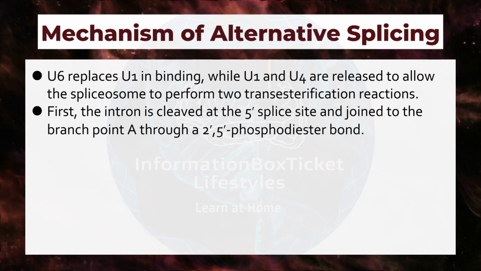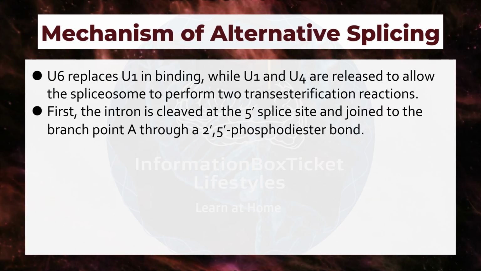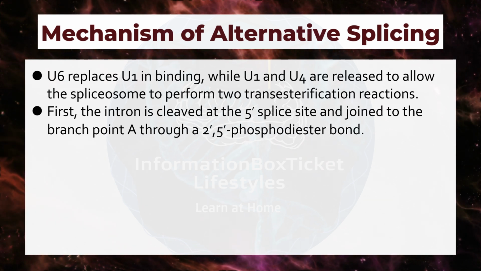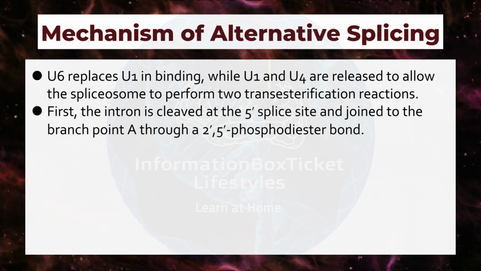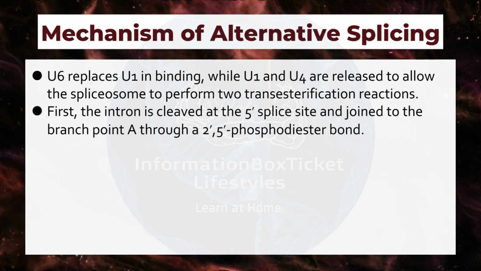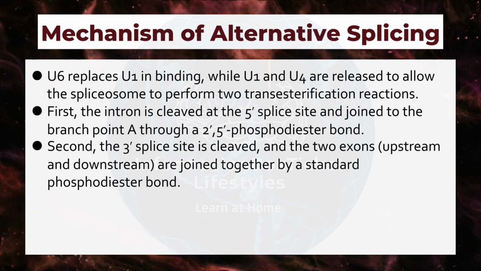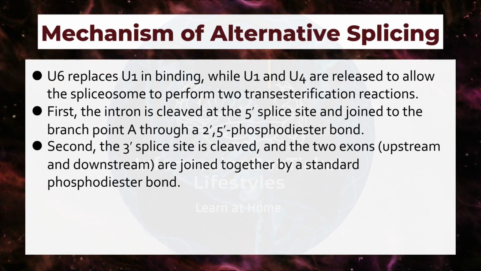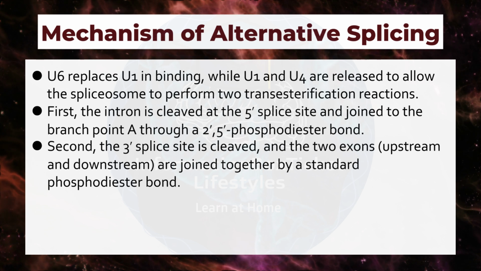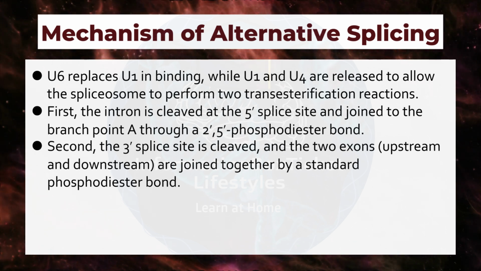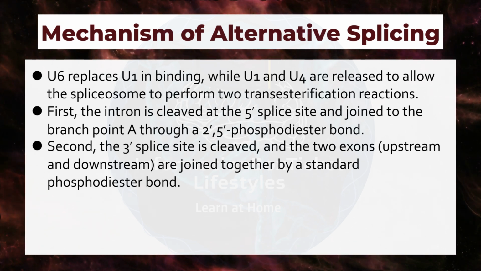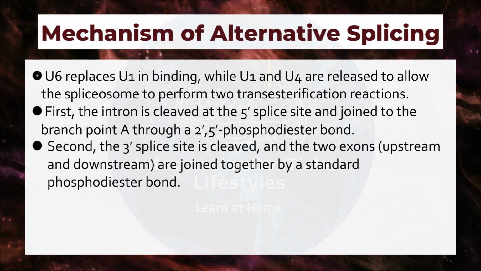First, the intron is cleaved at the 5' splice site and joined to the branch point A through a 2'-5' phosphodiester bond. Second, the 3' splice site is cleaved, and the two exons, upstream and downstream, are joined together by a standard phosphodiester bond.